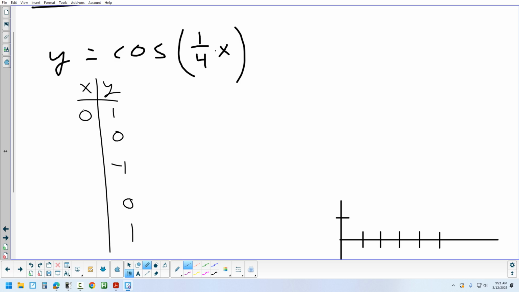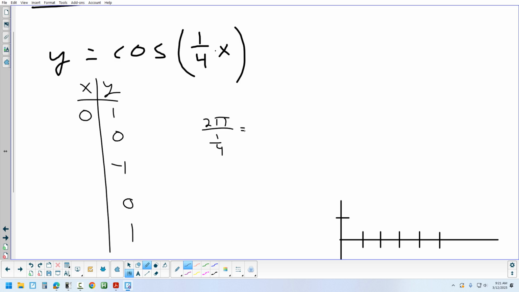We know where to start. Now we're going to figure out where to stop. What's the formula to calculate where we stop? 2 pi over b. What's b in this case? 1/4. Now I think we did that earlier. Instead of dividing by a fraction, you do what?